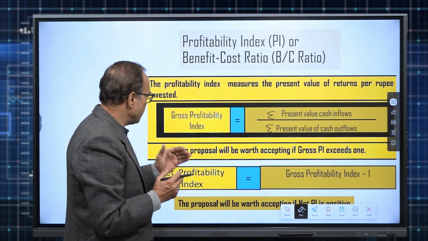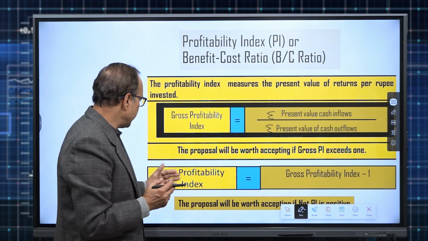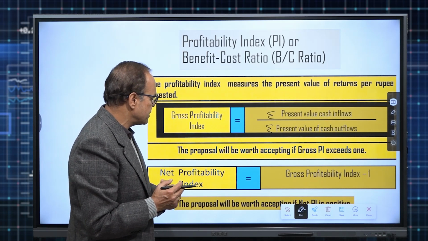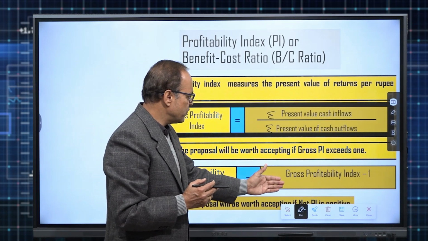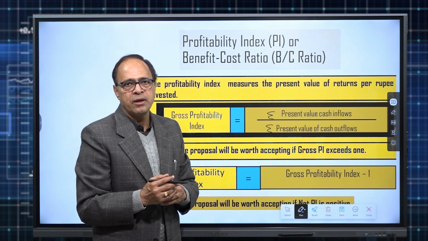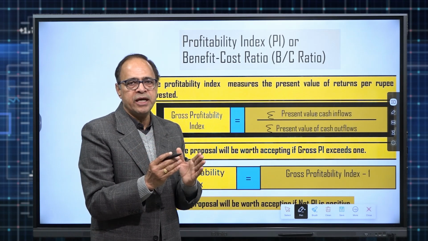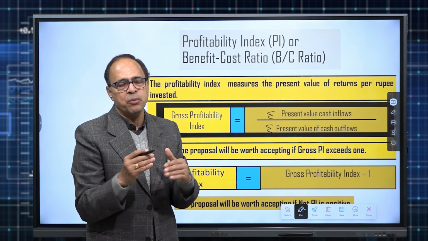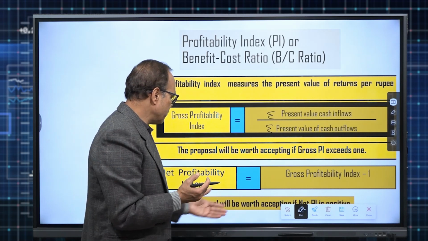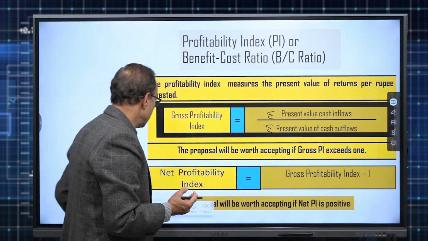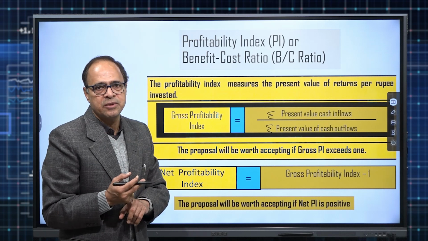The same formula can be further extended. We can calculate net profitability index, which is equal to gross profitability index minus 1. And the project will be accepted the moment net profitability index is 0 or positive. If net profitability index is negative, do not accept the project.